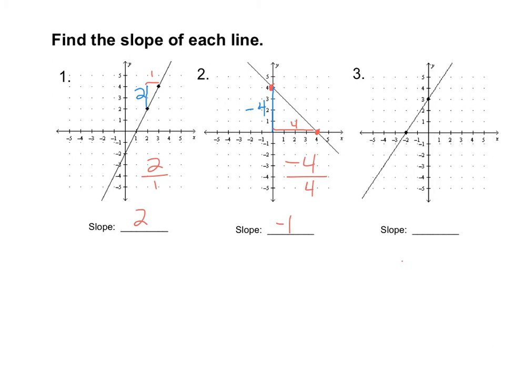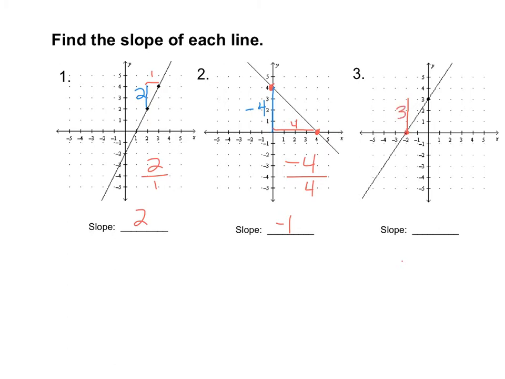All right. And then let's take a look at number 3. So I've got a change in y. I'm not going to make my triangle on that side. I'm going to make my triangle on this side over here. I've got a change in y from this x-intercept to this point right up here of a +3.